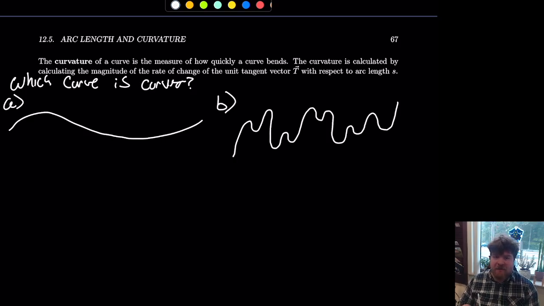And where the idea is going to come from is the idea of thinking about the change in direction as we move along the curve. So how we're going to do that is let's imagine we pick a point somewhere along our curve. So I'm going to imagine this point being at some r of t.